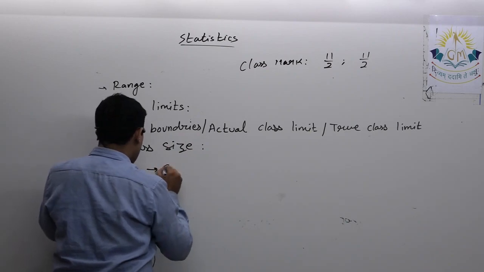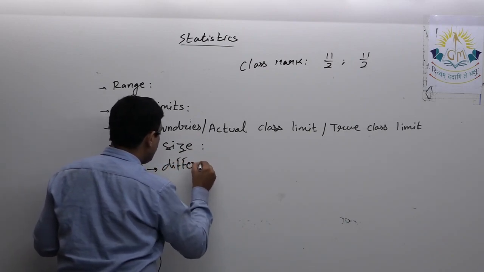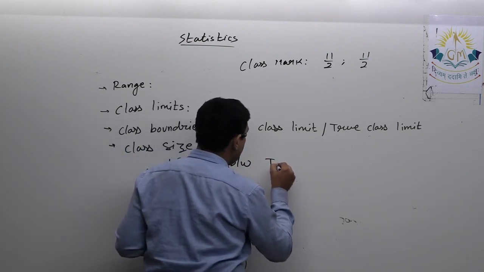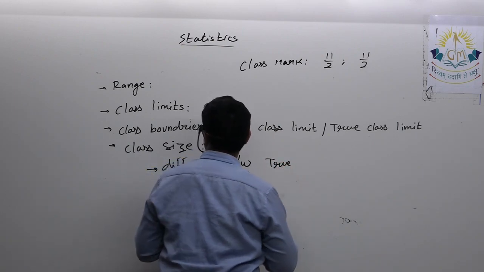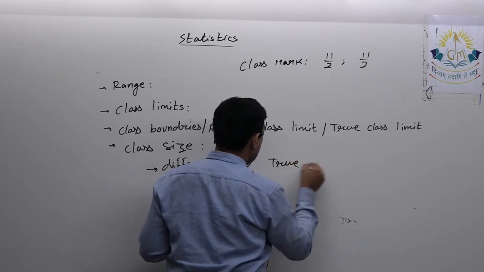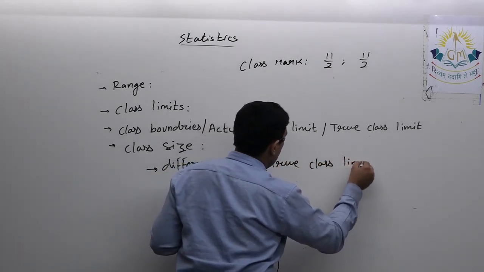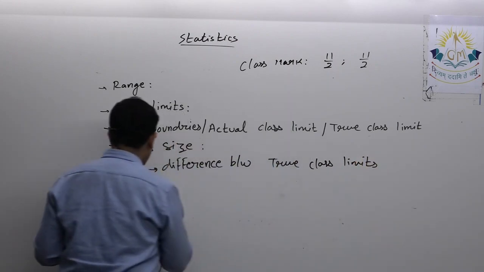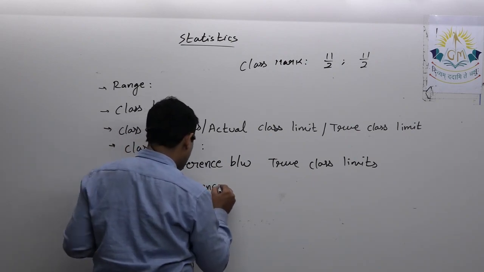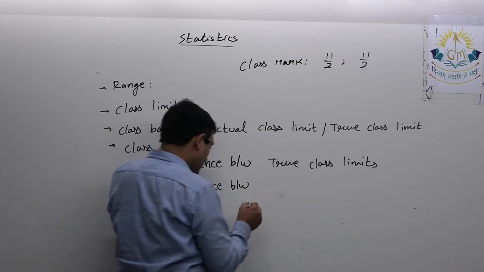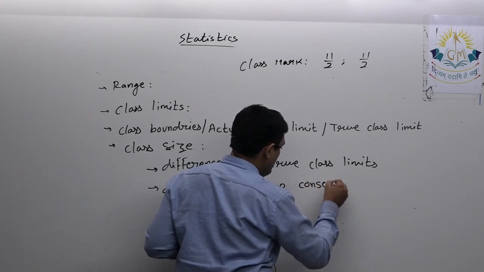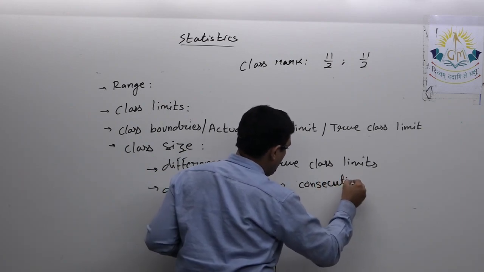First I can say difference between true class limits, or I can say it is also the difference between two consecutive class marks.